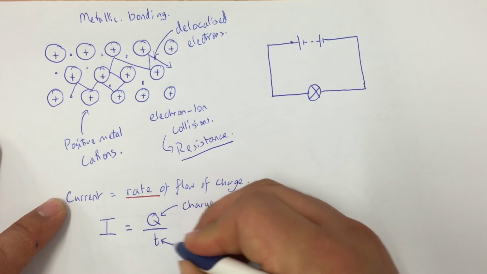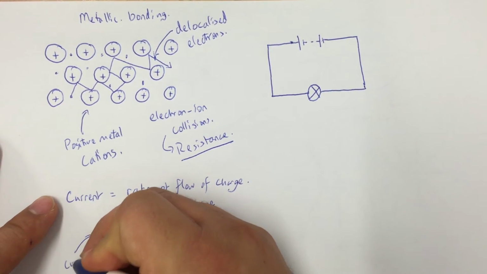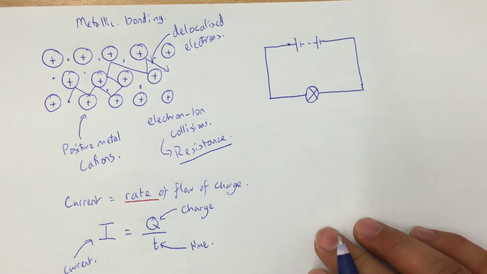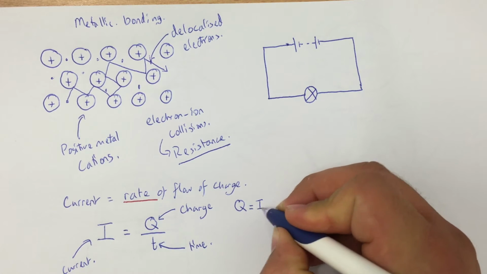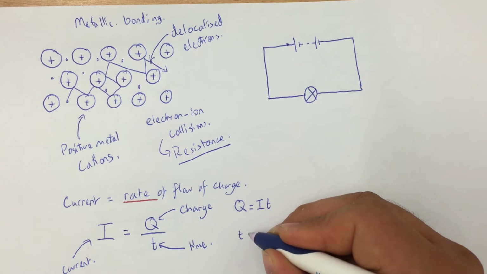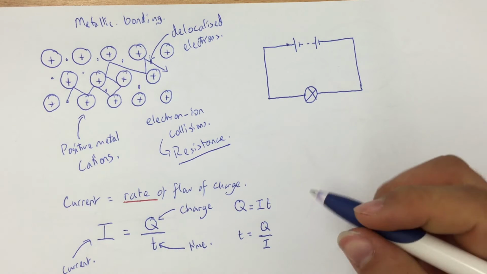We have time, and we have current. So if we were to rearrange this equation, which you should be able to do, we can also write it this way. Q is equal to I times T. And we have time is equal to Q divided by I.